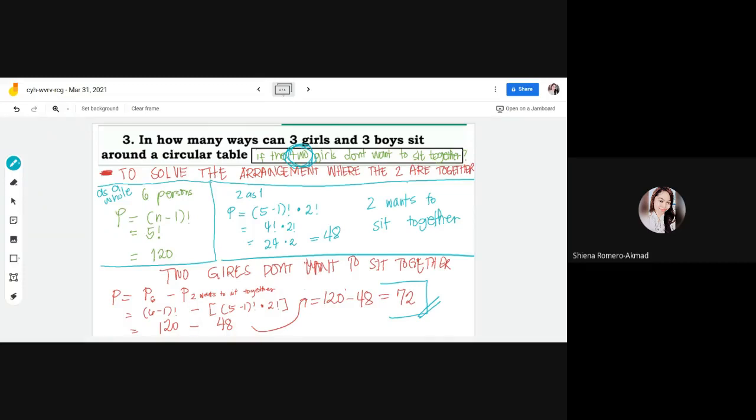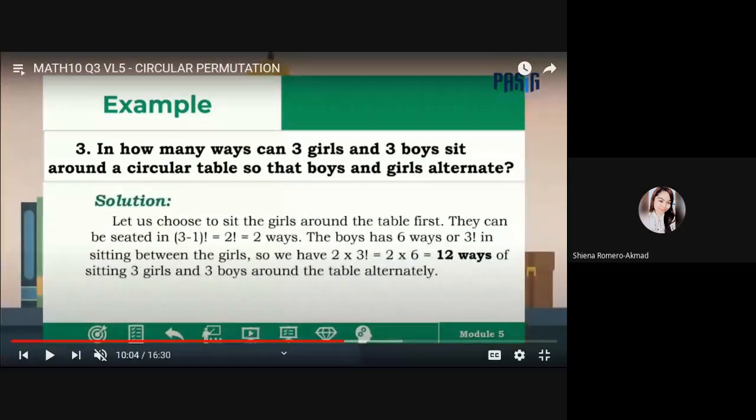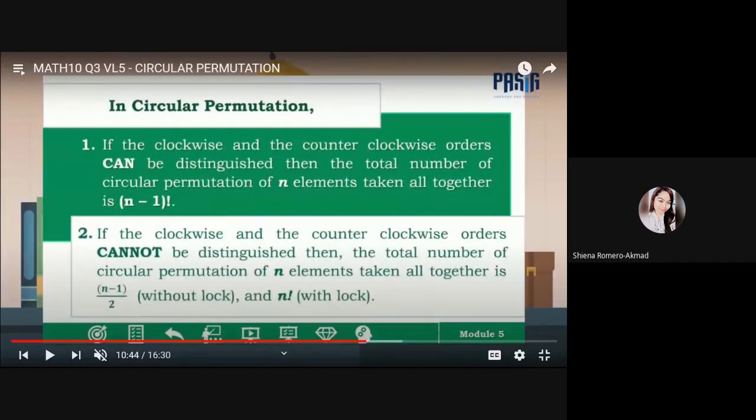Okay, so let's go back to our presentation kanina. Nasagot na natin yan, no? So what you need to remember here is that whenever you encounter a problem pertaining to a circular permutation, whenever the clockwise order or the counterclockwise order can be identified or distinguished, ang gagamitin nyo is n-1.